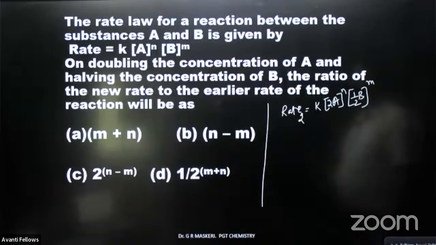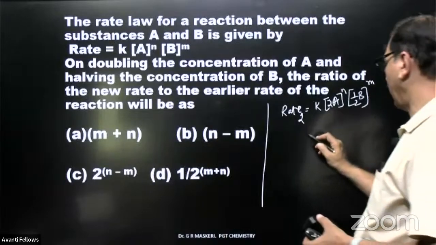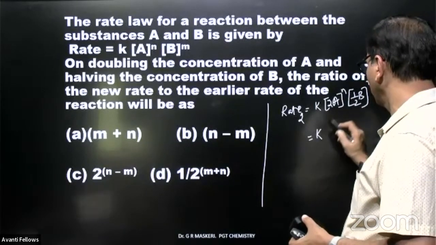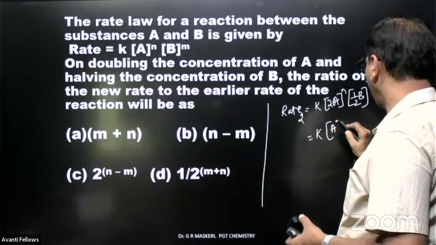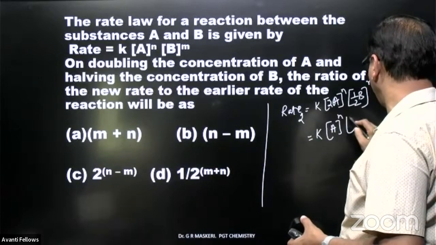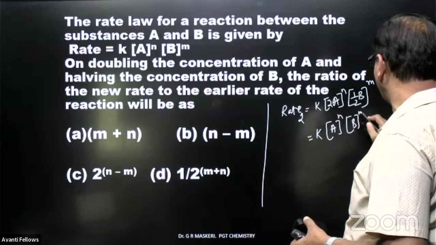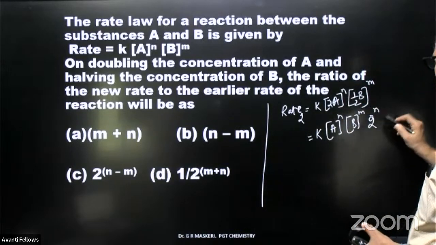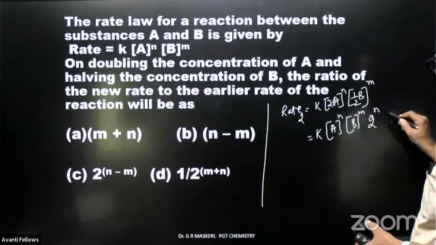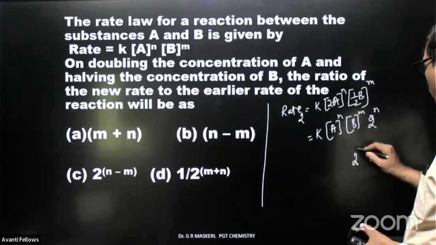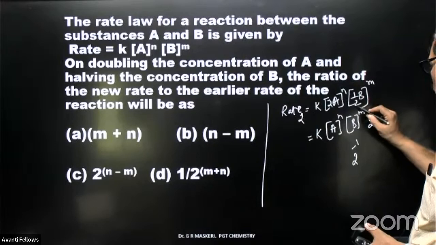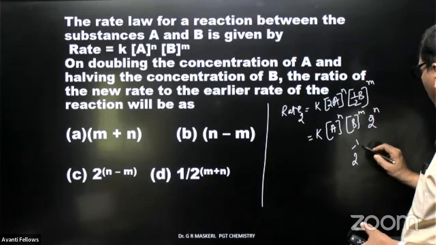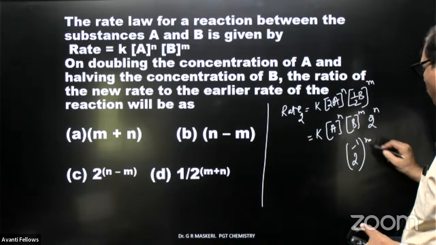Rate 2 is done this way. This is k A to the power n, keep it as it is, and B to the power m, keep it as it is, 2 to the power n, and 1 by 2, that is nothing but 2 to the power minus 1, to the power m.